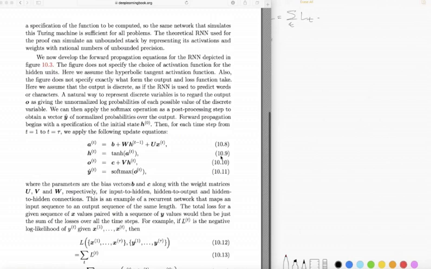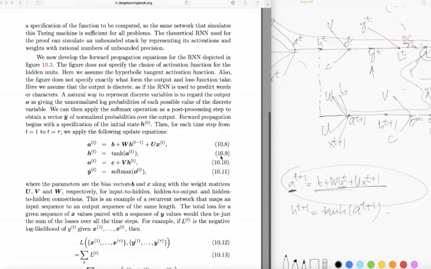So partial L over partial L_t. What is this? This is just 1. I'm not going to explain it. It's very simple to see. And then partial L over partial O_t. From here to here, we have computed this leg. Now we have to go one step back into here.